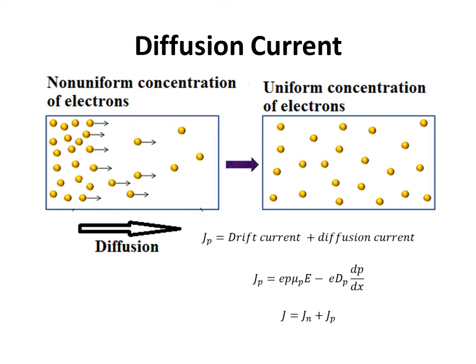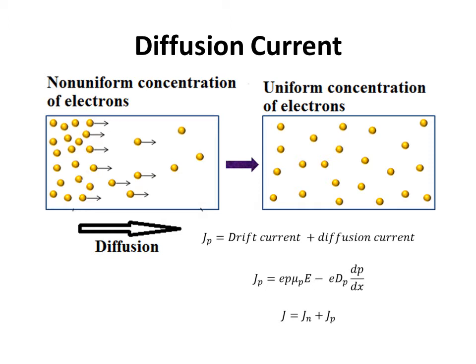And the diffusion current is given by the equation J. Here in this slide I have written Jp. Jp is the current density due to the movement of holes, and that will be the sum of drift current and diffusion current. Here we don't have drift current, so the initial current is only due to diffusion, and that current density is given by negative of e dp by dx, where e is the charge of electrons.